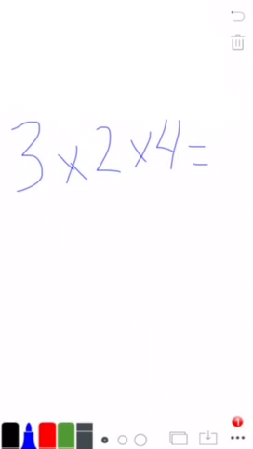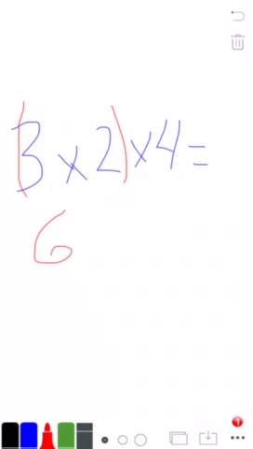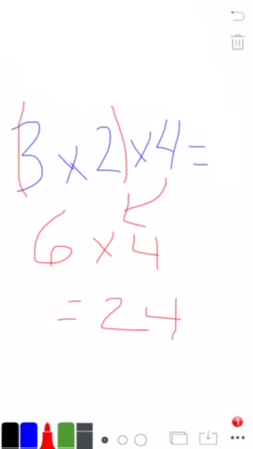I'm just going to go in the order of the problem. So I'm going to do 3 times 2 first, and that gives me 6. I've got to bring down that 4. I'm not done. Now my problem is 6 times 4. 6 times 4 equals 24. So I know 3 times 2 times 4 equals 24.